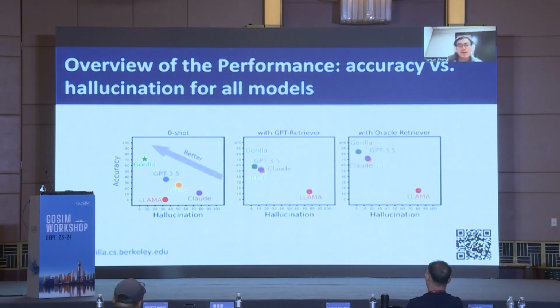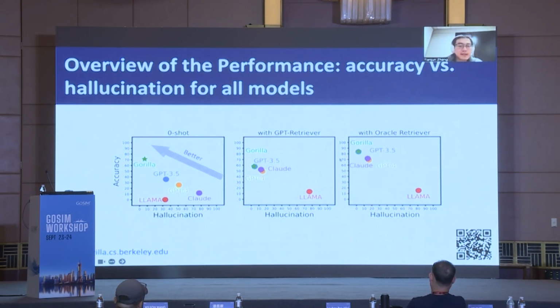But more interestingly, let's take a look at the retriever setting. On the retriever settings, Gorilla is at best as good as GPT 3.5. We can see in the middle is the GPT retriever, which is simply taking the embedding of the GPT model and then doing the cosine similarity match between the questions and various documentation.